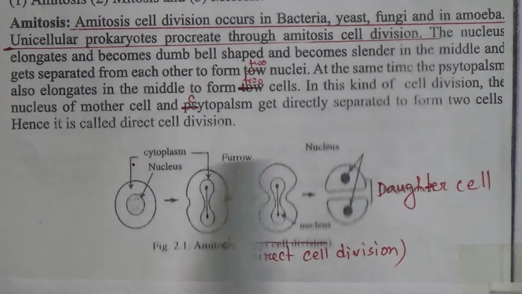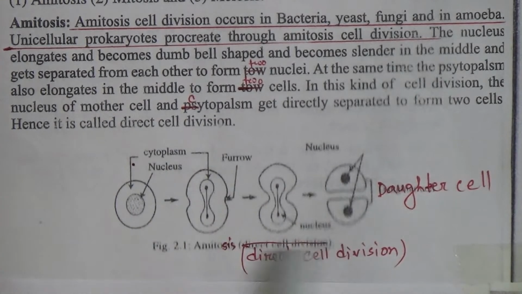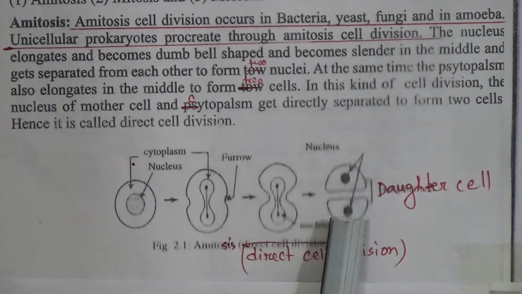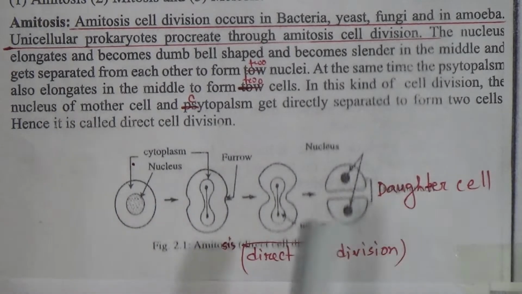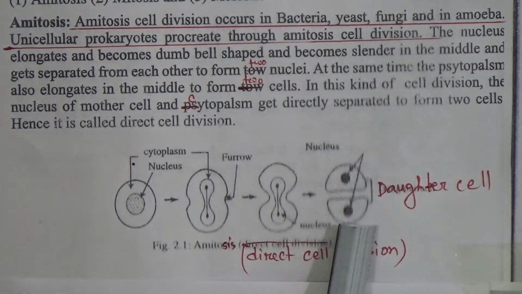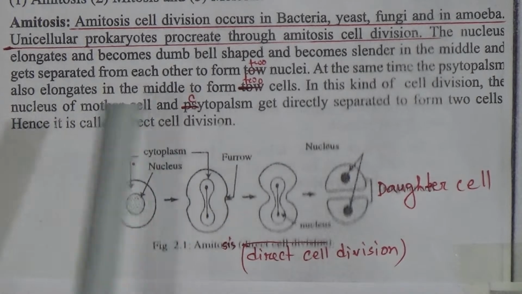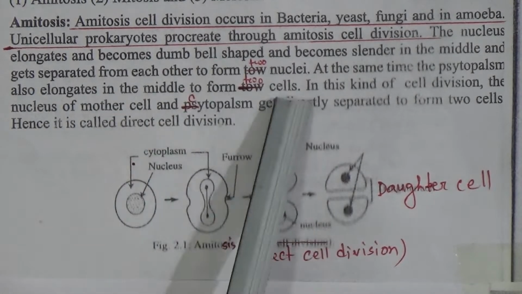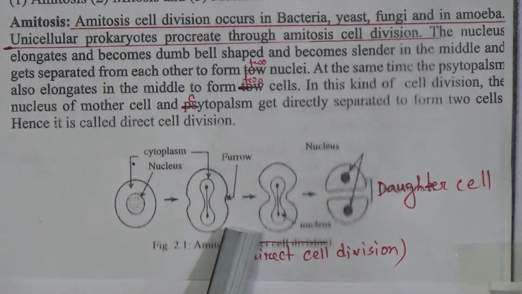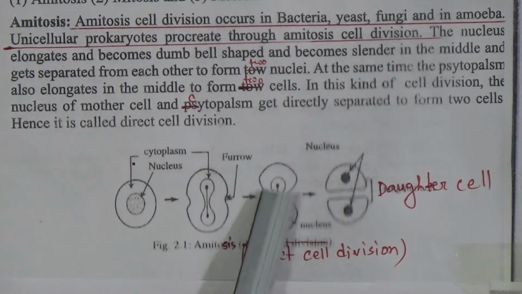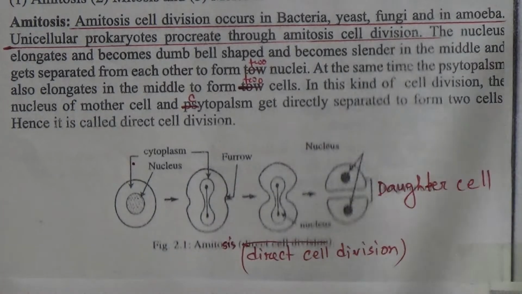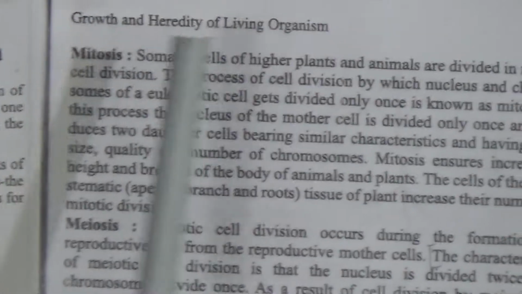That's why amitosis cell division is called direct cell division. So my dear students, I hope all of you have understood amitosis cell division. Draw this figure and practice properly. Now go to the next page.